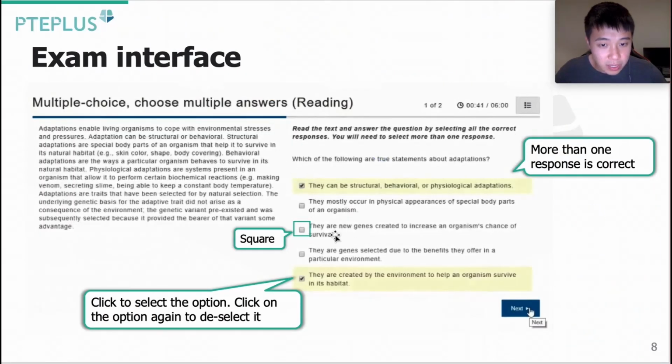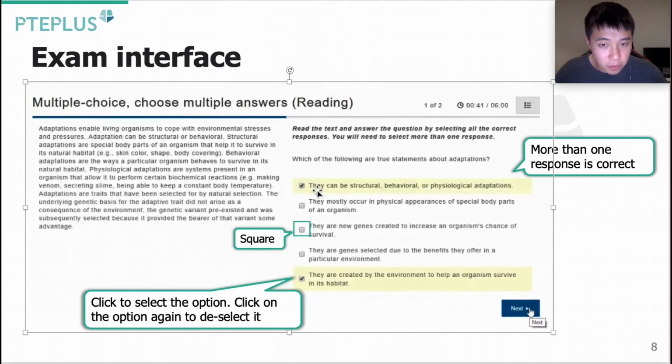So, as we discussed before, for multiple choice, multiple answers, the icon will become a square. And when you click on it, you will select this particular option, and if you click on that again, you will deselect this option.